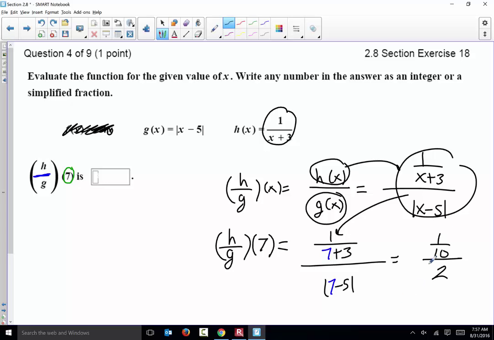How do I simplify this thing? Okay, I have a feeling 10 is 5 and 2. I can cancel 2's from here and get 1 over 5 over 1, which is 1 over 5. Do you agree?